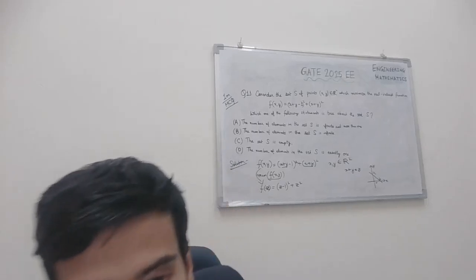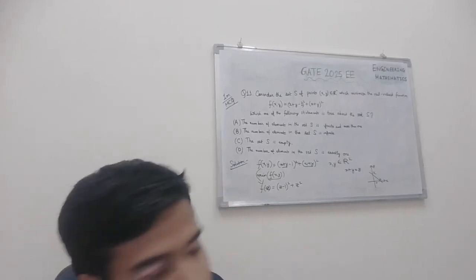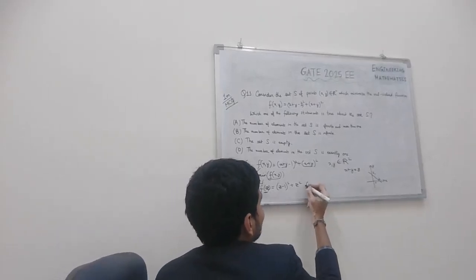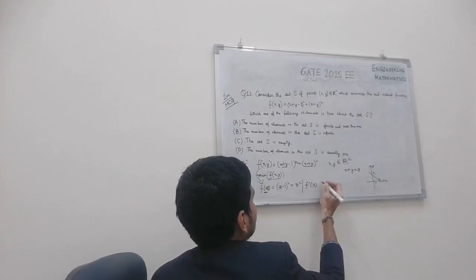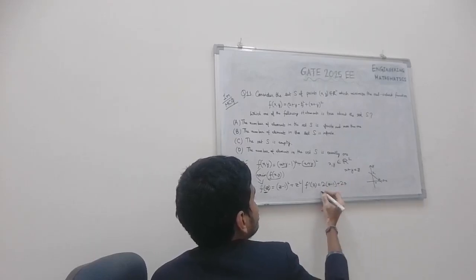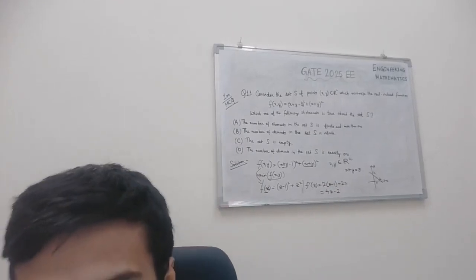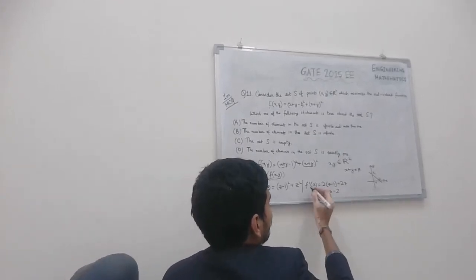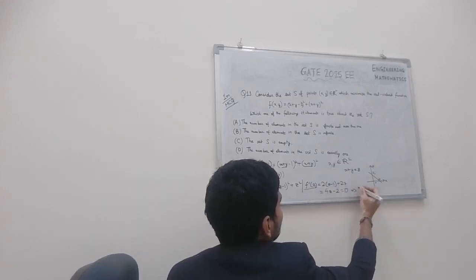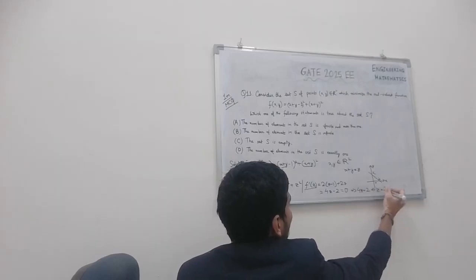Now we differentiate f of z with respect to z, finding the minima. f'(z) = 2(z - 1) + 2z, that is 4z minus 2. For minima, solving this we get 4z equal to 2, or z equal to 2 by 4, that is half.